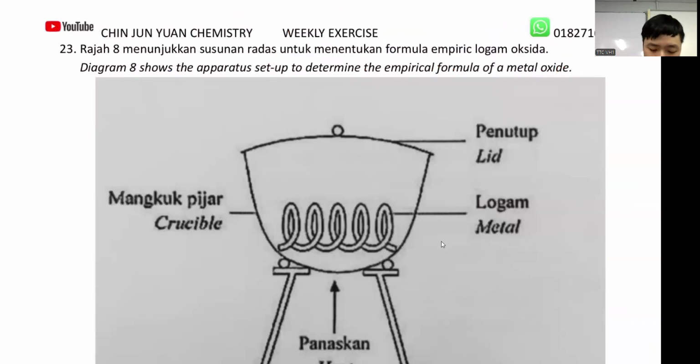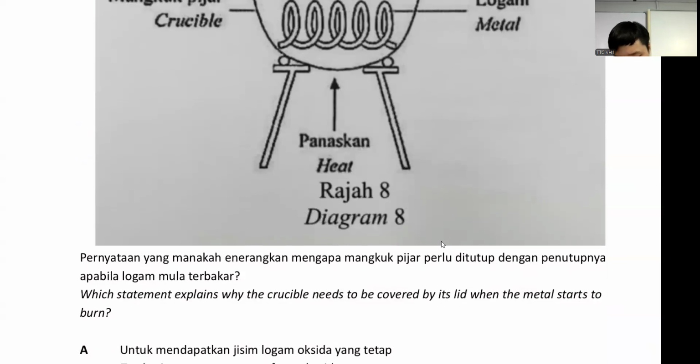23. This one is Form 4, Chapter 3. Diagram 8 shows the apparatus setup to determine the empirical formula of metal oxide. Which statement explains why the crucible needs to be covered by its lid when the metal starts to burn?